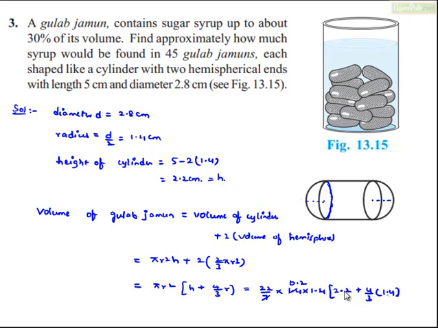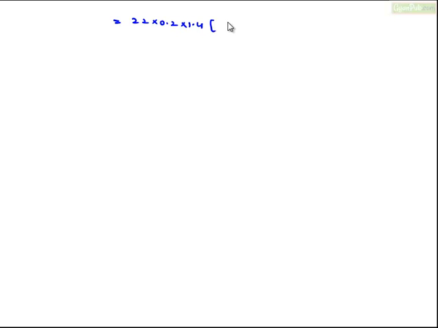Here if we multiply 3 with this, then we get 6.6 plus 5.6, that is 12.2 by 3, which is equal to 22 times 0.2 is 4.4 times 1.4 times 12.2 by 3 centimeter cube.